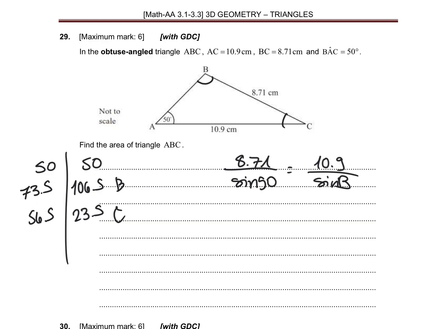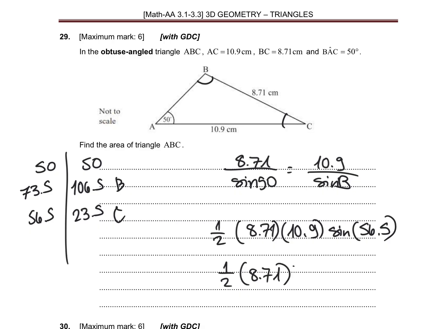Okay, so that's there. So we have 1/2 times 8.71 times 10.9 times sine 56.5 unrounded, and we have this same stuff and sine of the 23.5 unrounded.